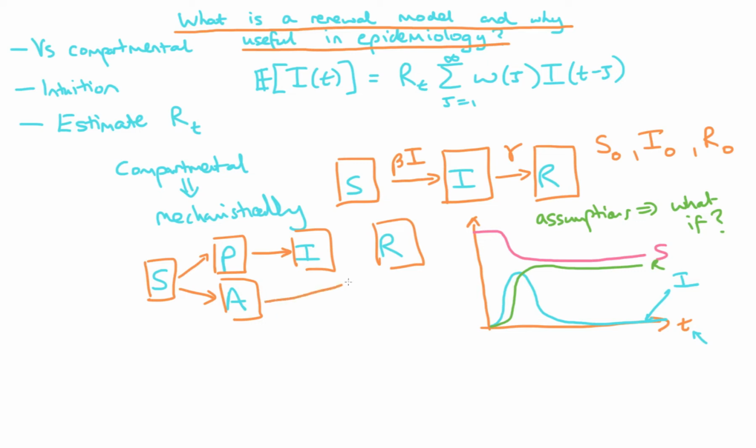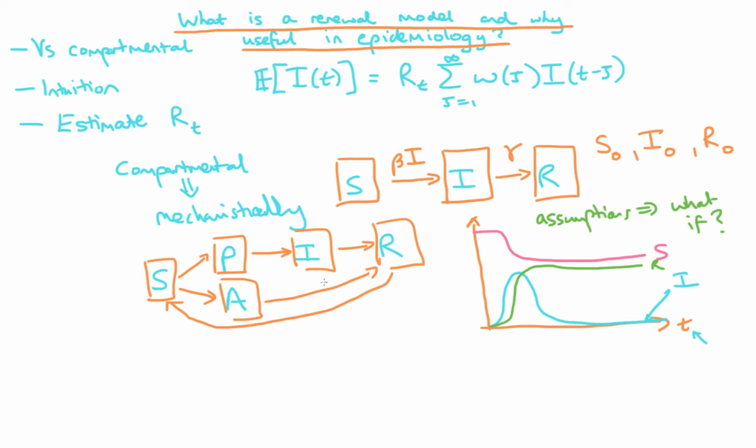And those asymptomatic individuals can recover at some rate, and the infectious individuals can recover at some rate. In COVID-19, unfortunately, recovered individuals lose immunity over time. So we know that recovered individuals become susceptible again at some point. So this is still a really, really simple model of how COVID-19 might work.